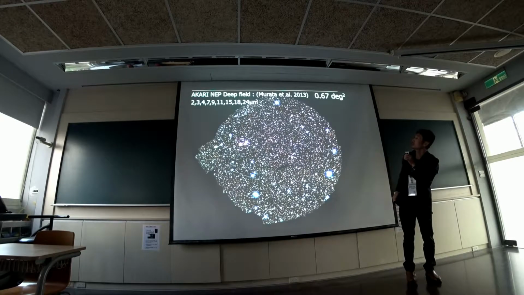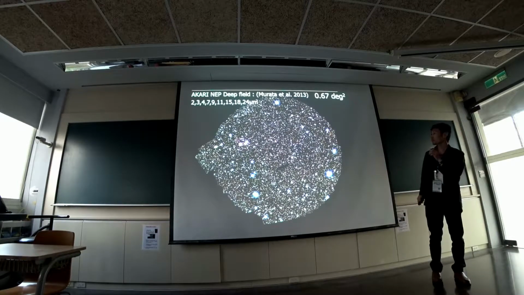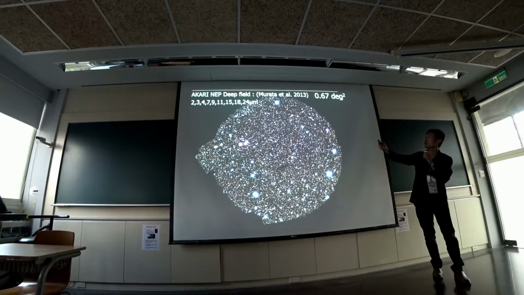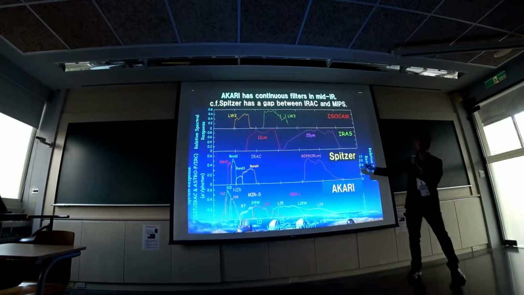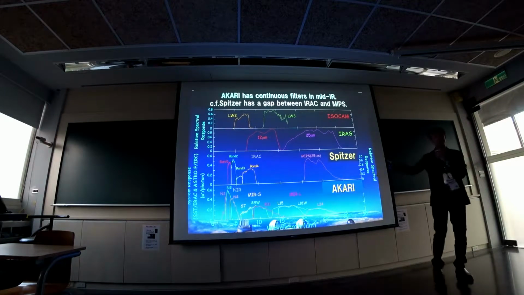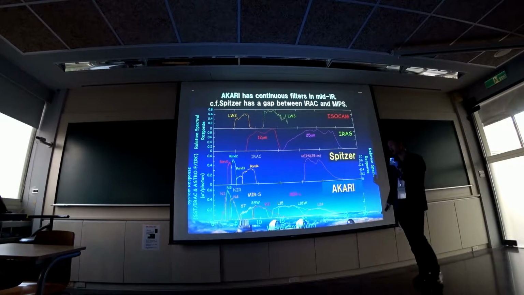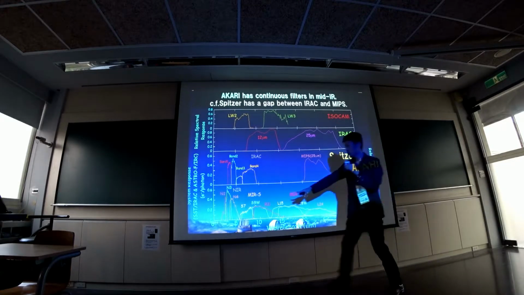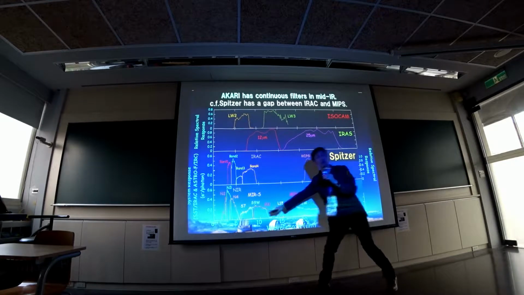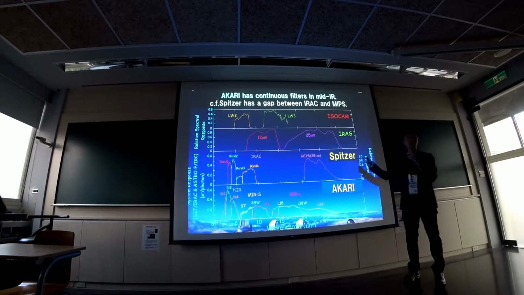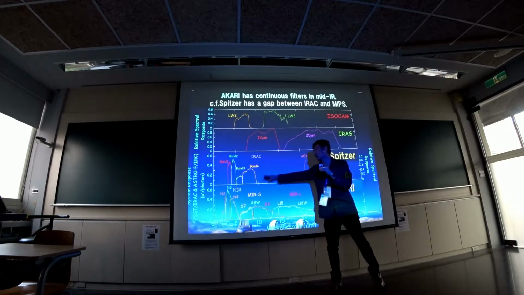And this is a deep field data in the North Ecliptic Pole region. This is mid-infrared, with 9 bands. So the unique feature of AKARI is it has 9 continuous filters in mid-infrared. So from 2 micron to 24 micron, there's no gap. It's all covered continuously. This is in contrast to Spitzer or WISE. In the case of Spitzer, there's a large gap here, right?